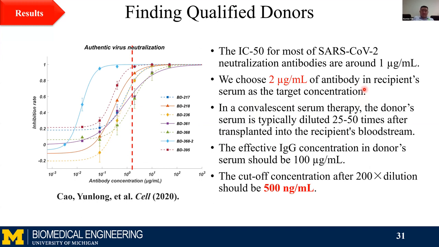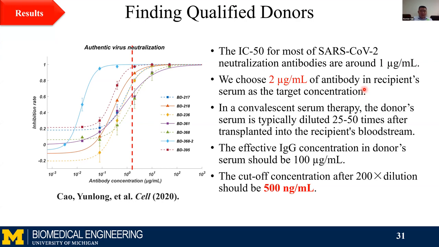But in a convalescent serum therapy, the donor serum is typically diluted by 25 to 50 times after being transplanted into the recipient's blood. This is because you can only get 100 to 200 ml of serum out of the donor, and you need to dilute it to the total blood volume of the recipient, which is around 5,000 ml.